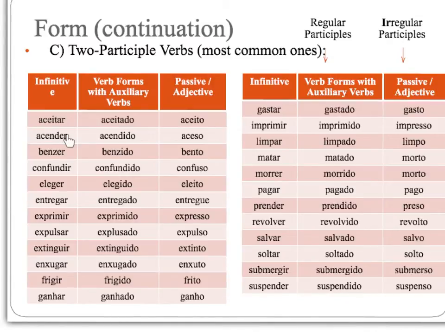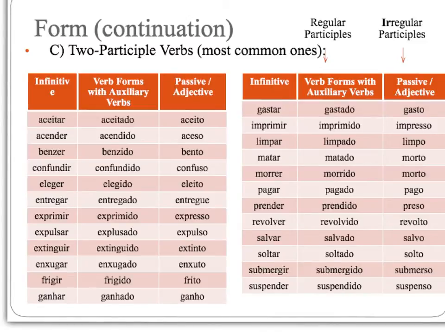Okay, acender means to light something up. So you could use it for turn on the light or light up a candle. Benzer means to bless. Confundir means to confuse someone of something. Eleger means to elect. Entregar means to deliver.